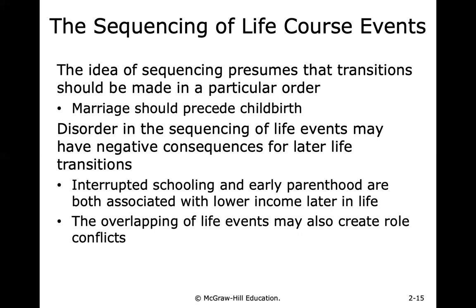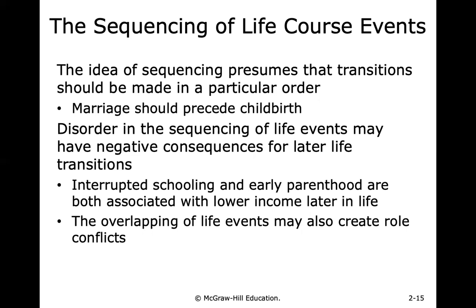Those are presumptions that we probably should start eliminating from our thought process as far as, well, now I'm going to transition into this stage of my life, and now I have to be doing this. What's the norm that's expected of me? We might have some disorder in the sequencing of our life events, and that could possibly have some negative consequences.